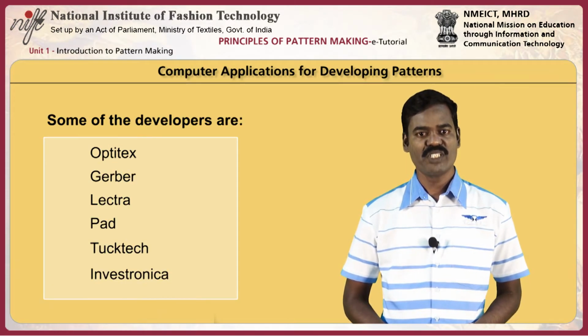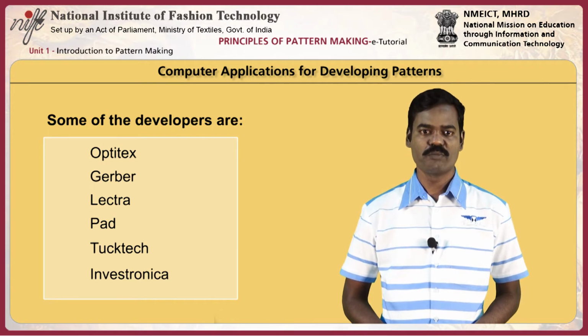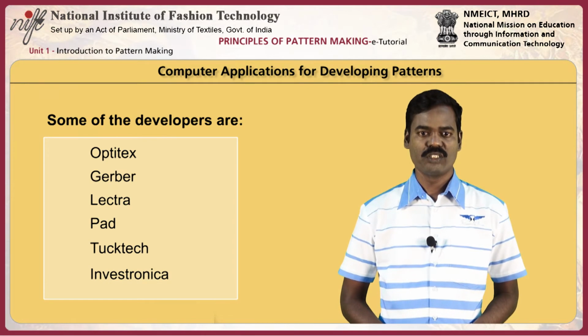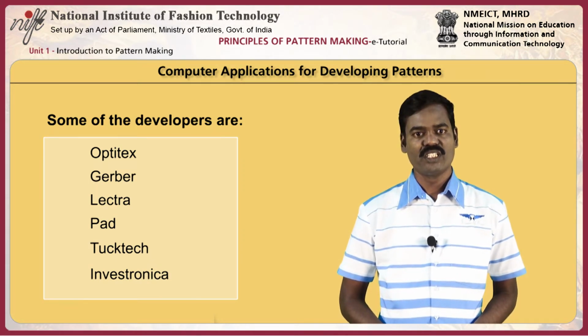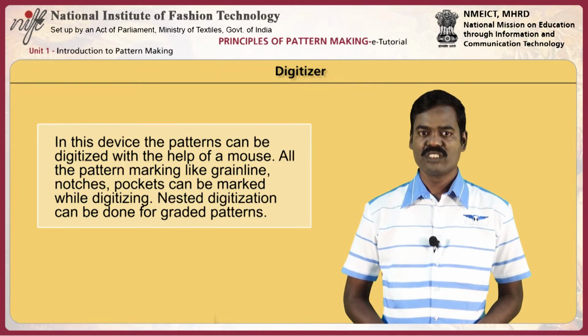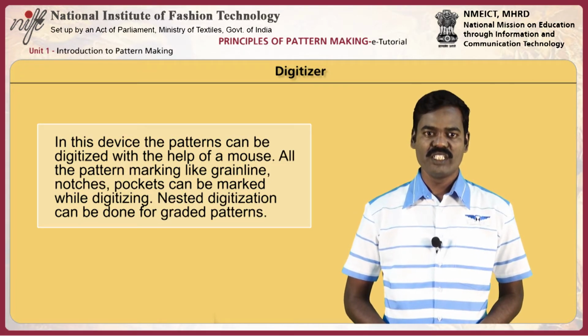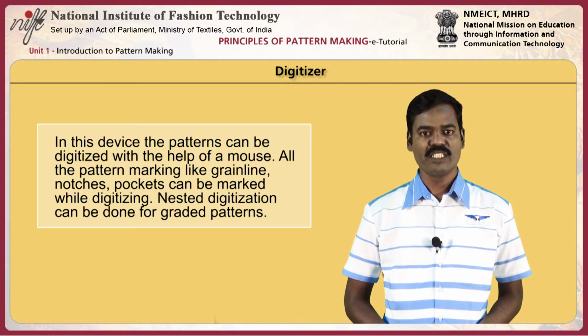Today, many manufacturers develop apparel CAD systems. Some of the developers are Optitex, Gerber, Lectra, PAD, Tukatech, Investronica, and so on. Many manufacturers are there. Digitizer is a device with which patterns can be digitized with the help of a mouse.